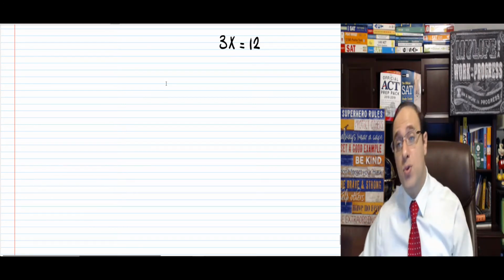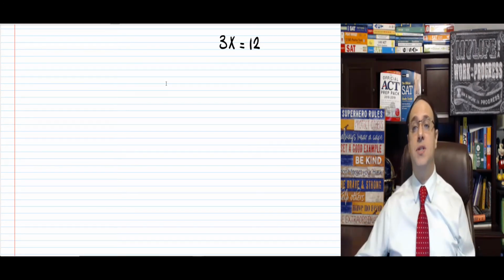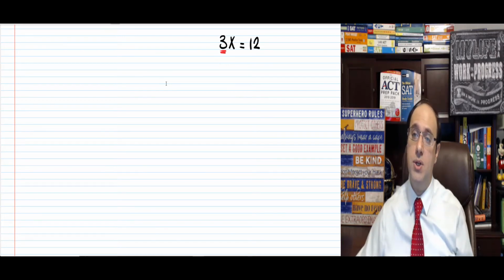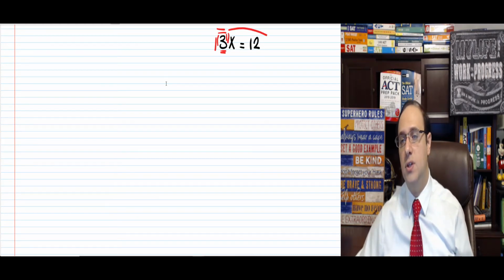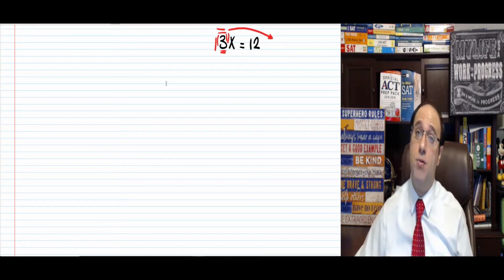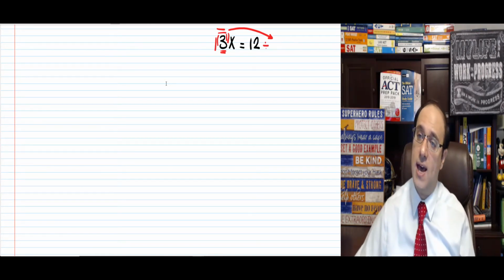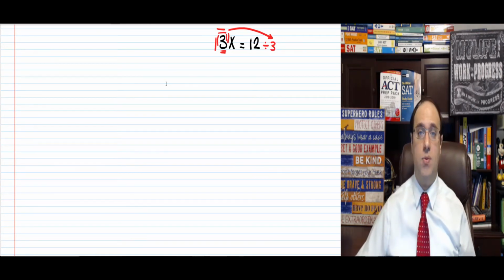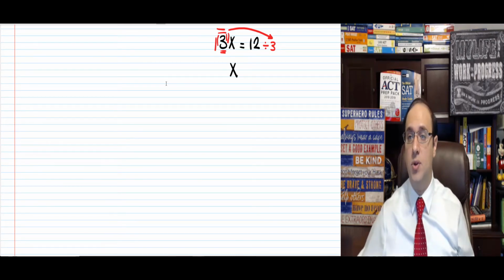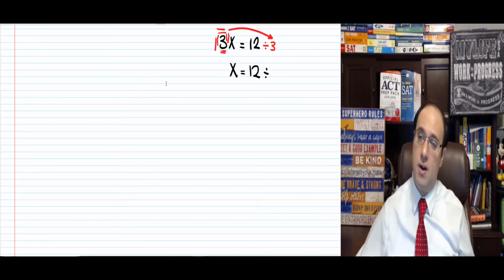Simple. 3x means 3 times x means x times 3, so it's multiplication. I want to get rid of the 3. I move it to the other side. Instead of 3 times x, x times 3, it goes as divided by 3. So I have x equals 12 divided by 3, so x equals 4.